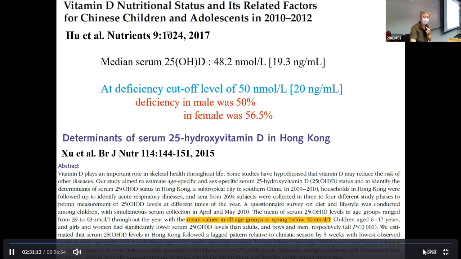In China, some of the children are around 50%. Okay. In Hong Kong, this is 7 years ago. Mean values in all age groups in spring. In spring, that means the time when we have less sun, okay? Below 50. This is nanomole, that means below 20, okay? So the mean value is below 20.